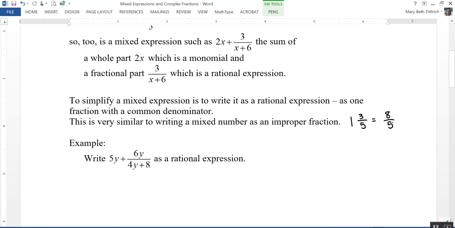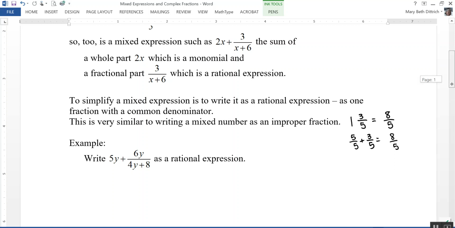This is really basically the same as saying, let's write 1 as 5 over 5, and then we're adding to that 3 over 5. So the whole number part is 5 over 5, the fractional part is 3 over 5, and that's the same as 8 over 5. We can do the same thing with rational expressions.